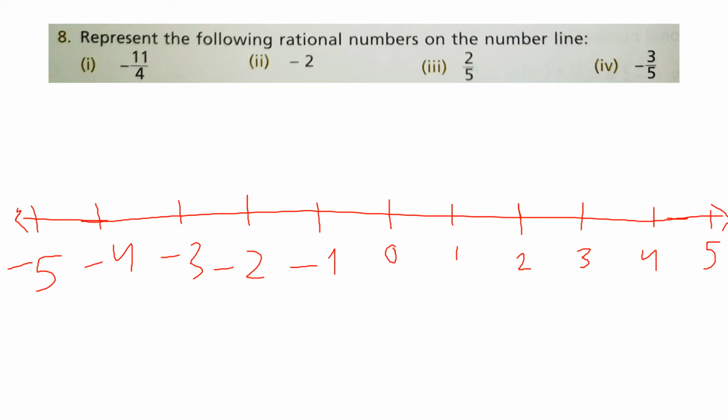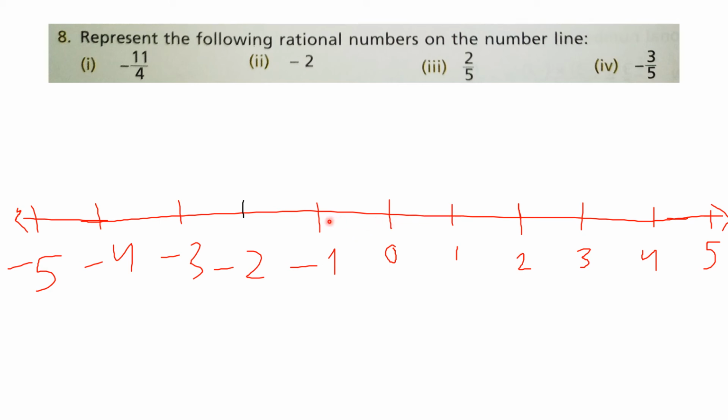But if you have to represent minus 11 by 4, this fraction, on this number line, then what will you do? What is the denominator here? 4. It's 11 by 4. It means that you have to convert each interval. Interval means from here to here is one interval, from here to here is the second interval.